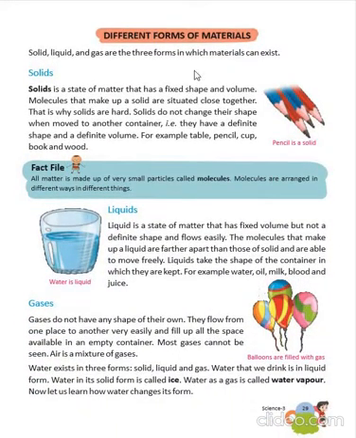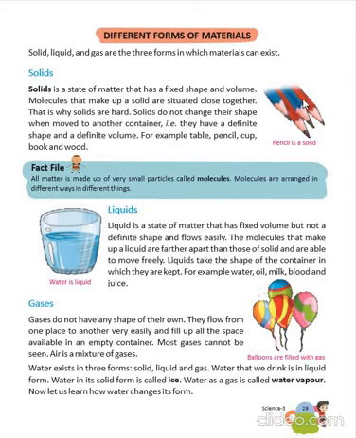Now come to different forms of materials. So what are these? These are solids, liquids and gases. So first we will learn what are solids. Solid is a state in which any matter has a fixed shape and volume.